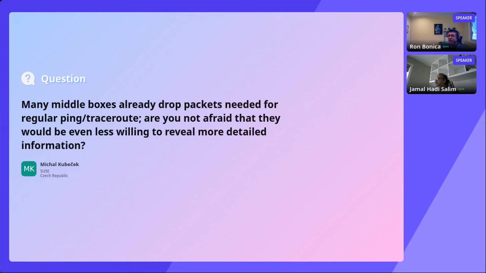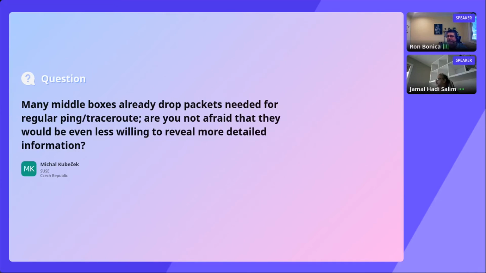Or if they want to send more information, enable the new feature. So yes, they can still drop pings and trace routes because they don't want to give any information. They can hold, giving only the information they give today by not enabling the new feature, or they can enable it and send more, or enable it in a discriminatory way.